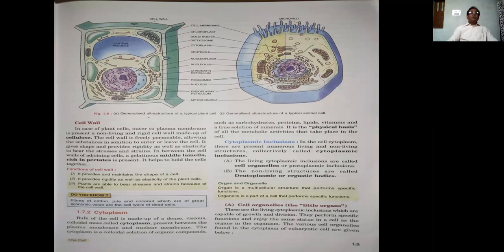It is permeable, freely permeable. It allows everything to cross. The cell wall is non-living, but the cell membrane is living. A very important point of difference between the cell membrane and the cell wall. The cell wall is only present in the plant cell, and the cell membrane is found in both plant cell and animal cell.